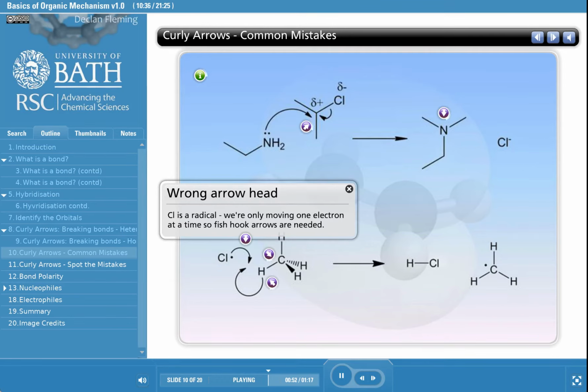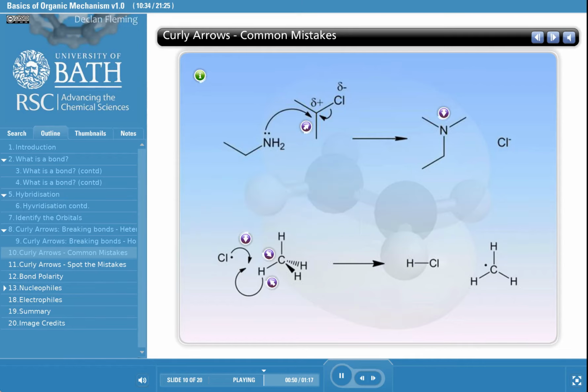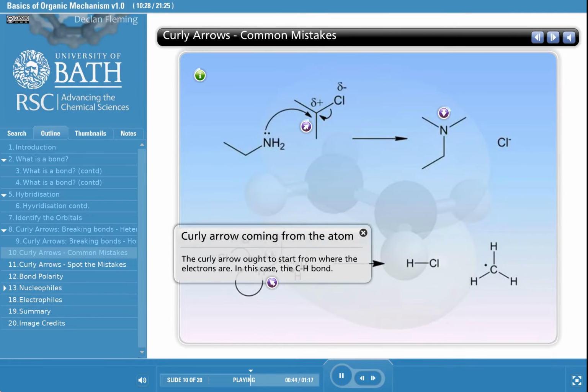The chlorine atom is a radical. We're only moving one electron at a time, so fishhook arrows are needed. The curly arrow ought to start from where the electrons are, in this case the carbon-hydrogen bond.